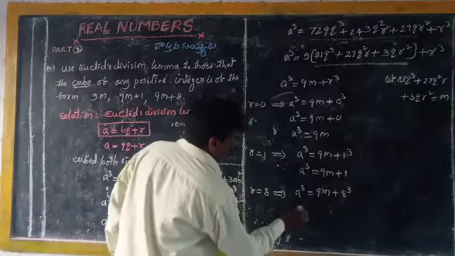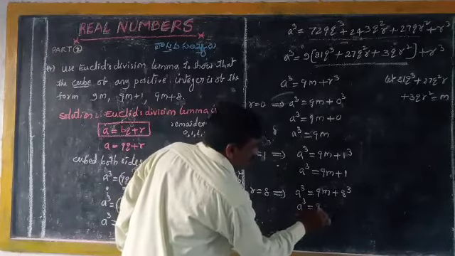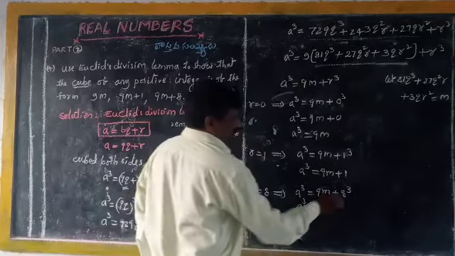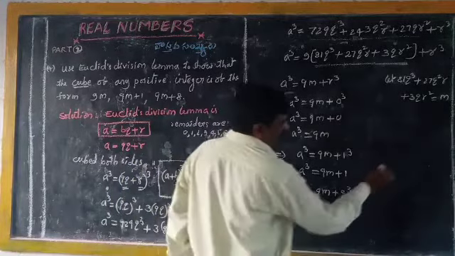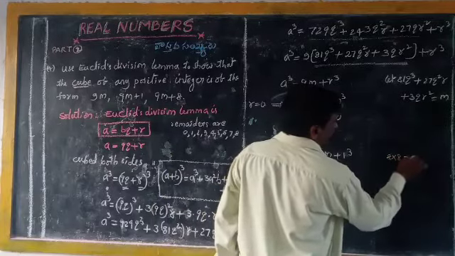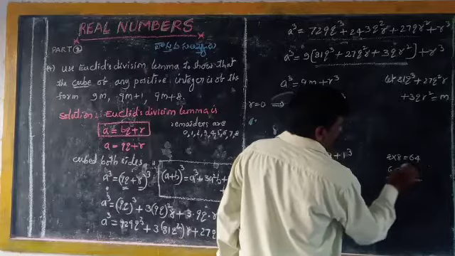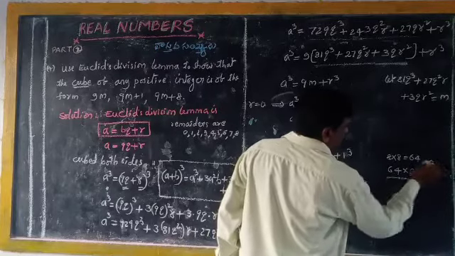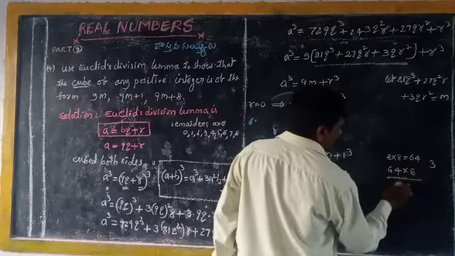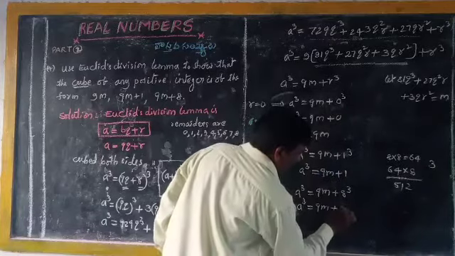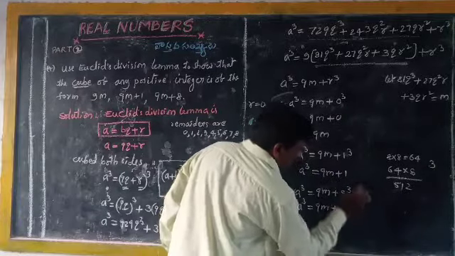a³ = 9m + 8³, and 8 into 8 into 8 is 64, 64 into 8 is 512.